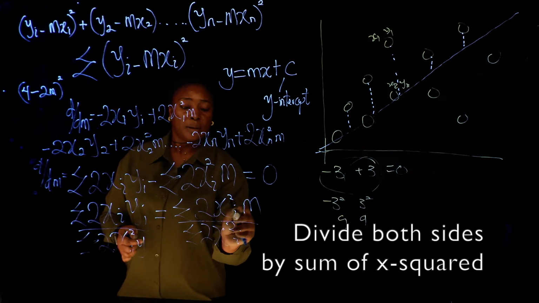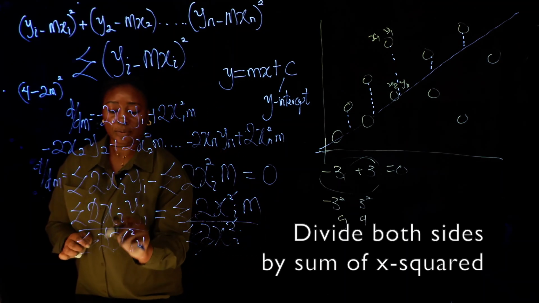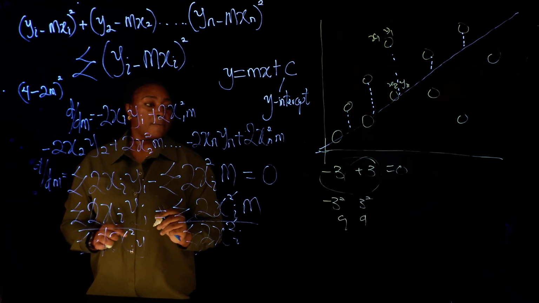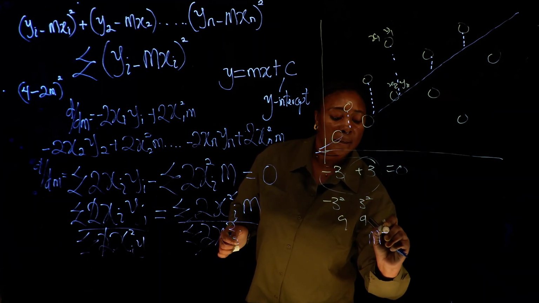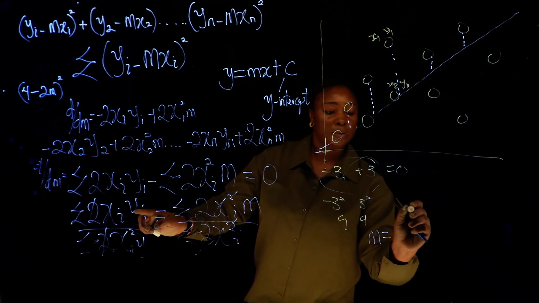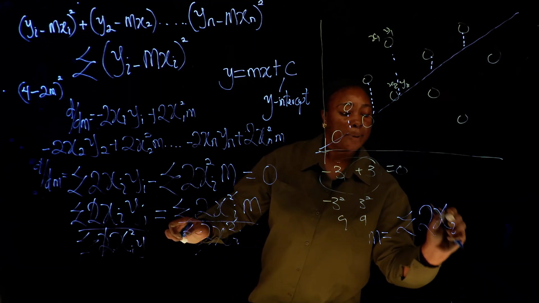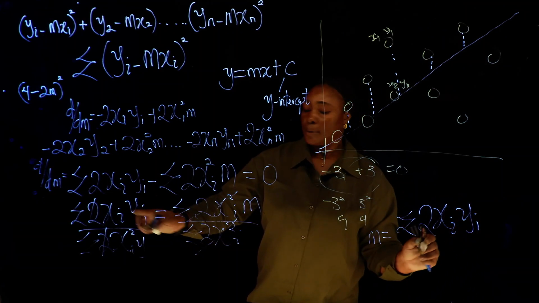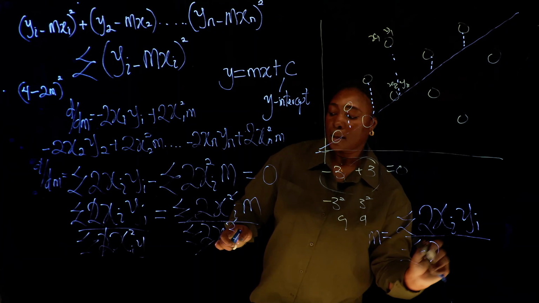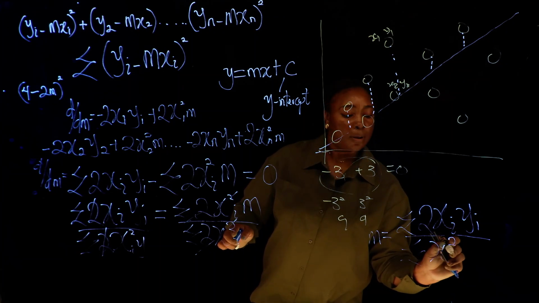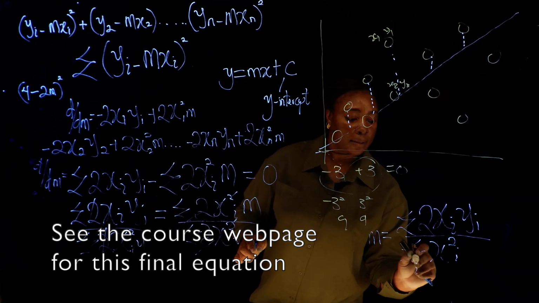Now with this we cancel this. m is standing alone, the 2 cancels out. So m is equal to the summation of xi yi divided by the summation of xi squared, with your i from 1 to n.